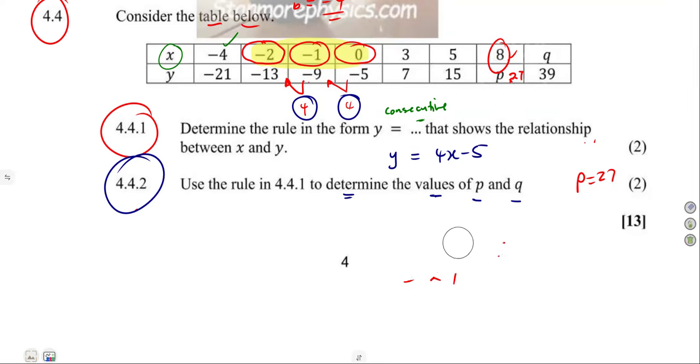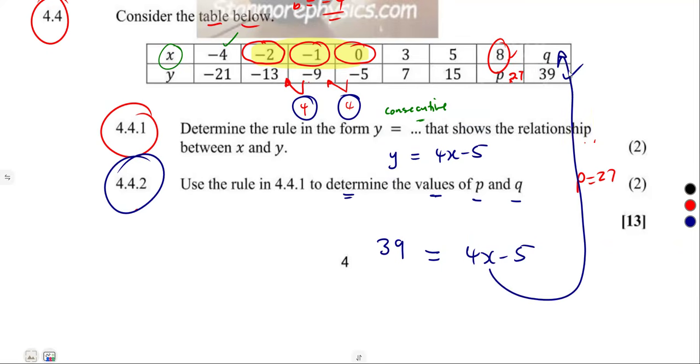What about Q? All right, we do the same thing on Q. Q represents the input value, the value of X. We do not have the value of X, given the value of Y. Y is 39. So 39 is equal to 4x minus 5. You solve for X. By solving for X, you are finding the value of Q, as Q represents the X value. How do I get rid of the -5? Simply add 5 both sides.